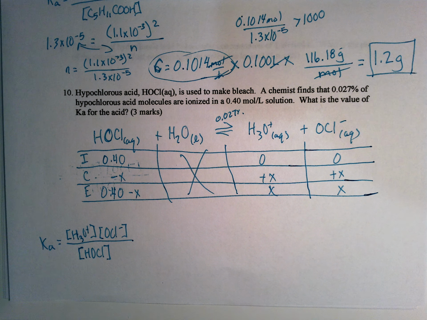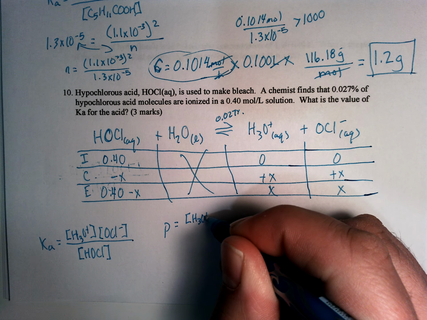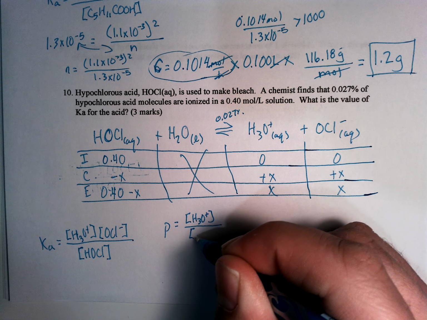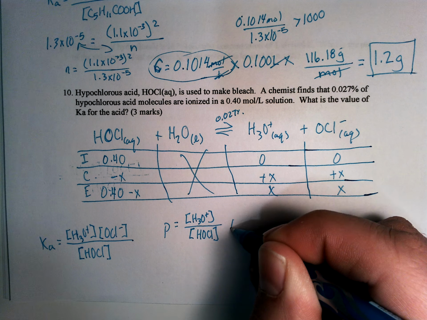So we have our ice table, and this is our Ka expression. Now we need to solve for one of these values. Using the percentage, we can find the concentration for X. Percent ionization is equal to the concentration of hydronium divided by our initial concentration of our acid times 100%.